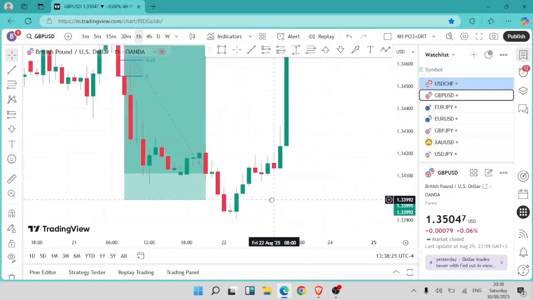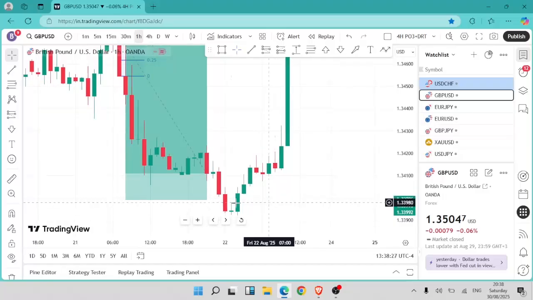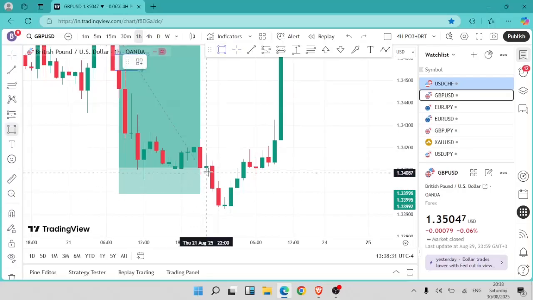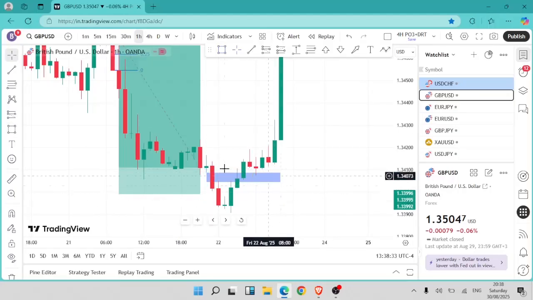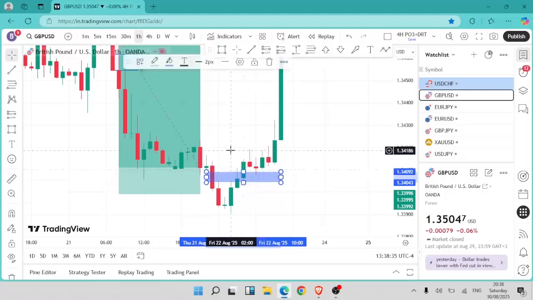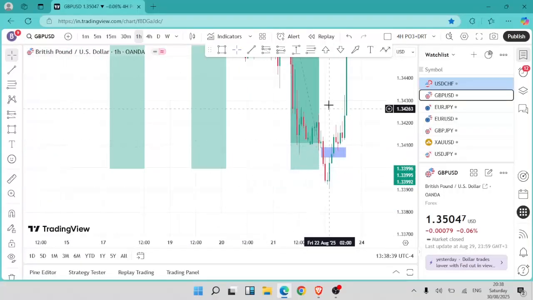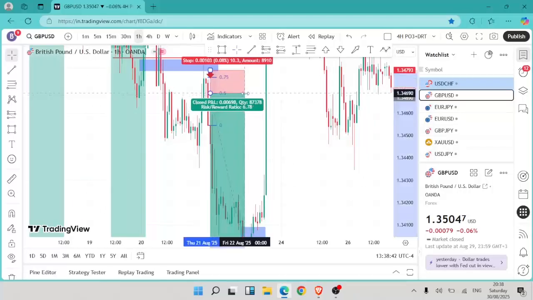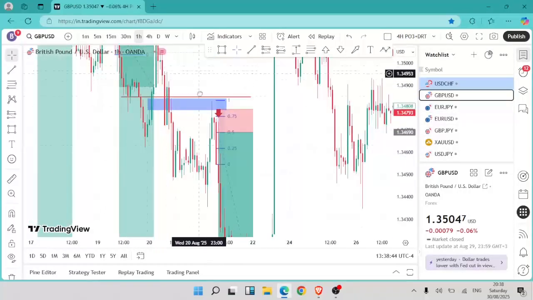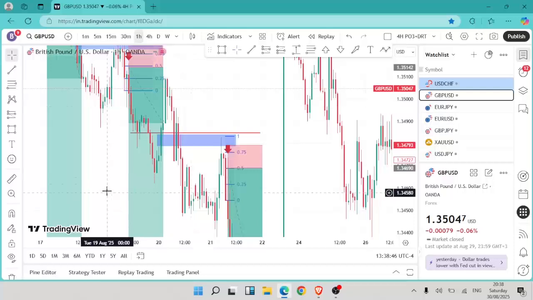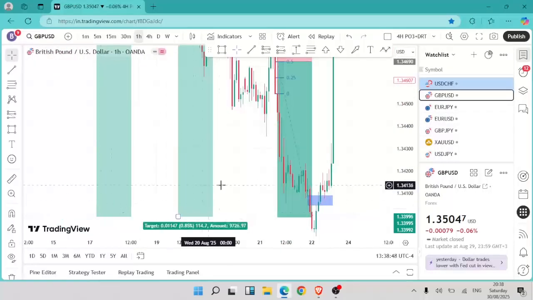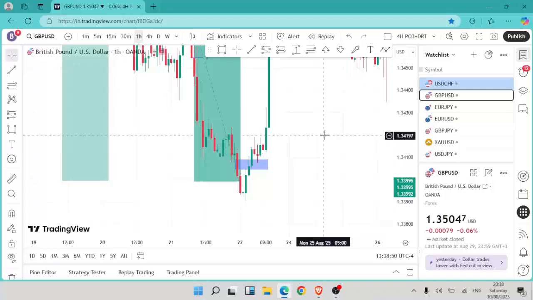So at this point, yeah, no clear fair value gaps actually. So you can see we have a fair value gap here. Price closes above it. So remember, this point you've already hit our take profits for all of these trades, all of them, right? So this and this and this, so those are 3 positions.